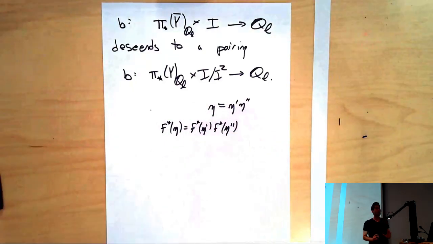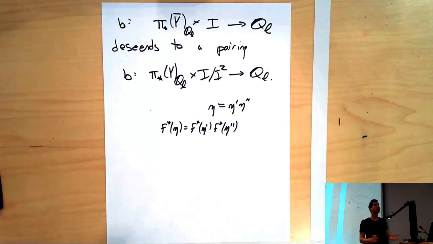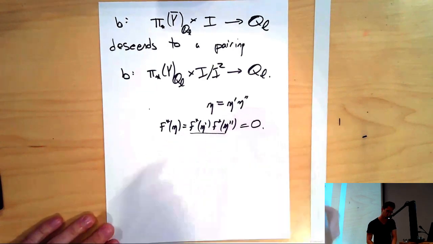But now that's an equation happening in the cohomology ring of a sphere, and the cohomology ring of a sphere is not very interesting. The cohomology of a sphere vanishes in all degrees strictly between 0 and n. And so these two factors would have to vanish.